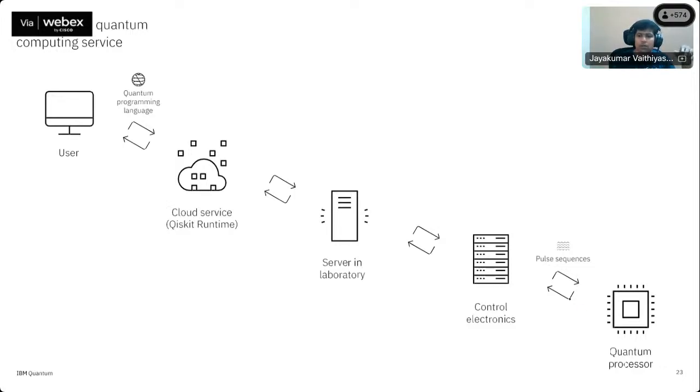The computed result is sent back to the control electronics as microwave pulses. The control electronics convert these pulses back into program form and send it back to your server. Once the output is cleared, it is sent back to the cloud server, then it reaches your desktop, your account.